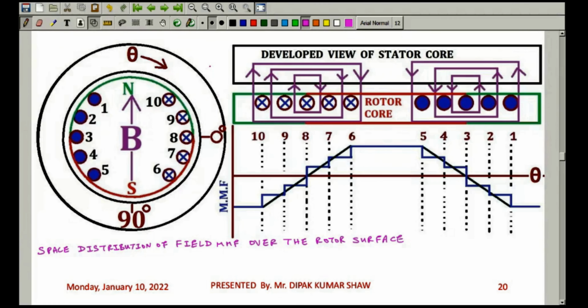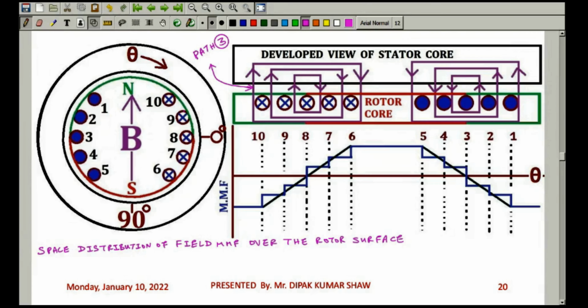Let me name it path number 3. What are the conductors enclosed? 1, 2, 3, 4, 5.